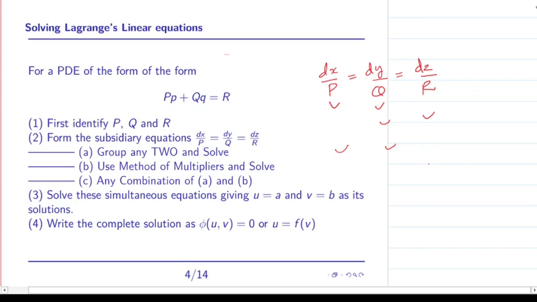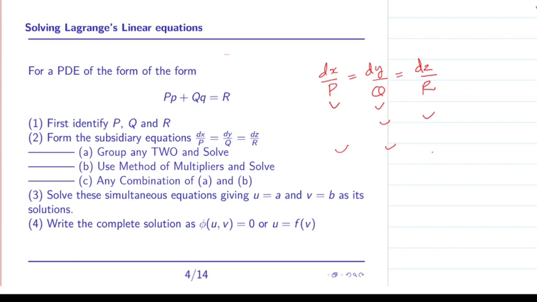Sometimes you will get an equation with separated variables, that means only x with dx, y with dy, or z with dz. Then you can separate these variables and directly integrate to get the answer. Sometimes that is not possible, you cannot separate the variables.